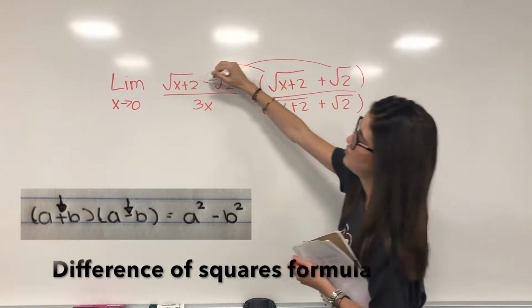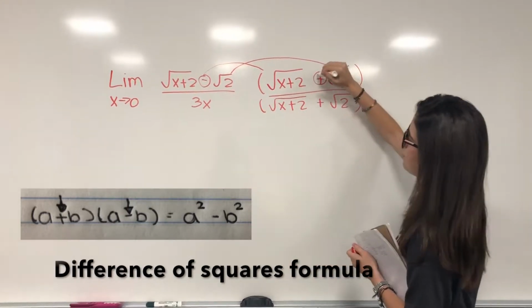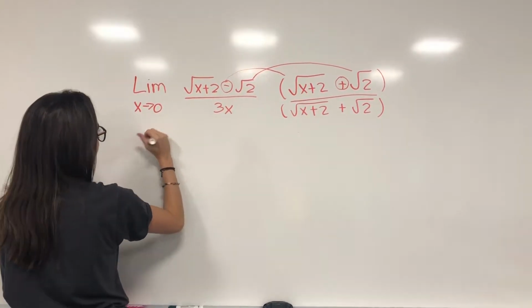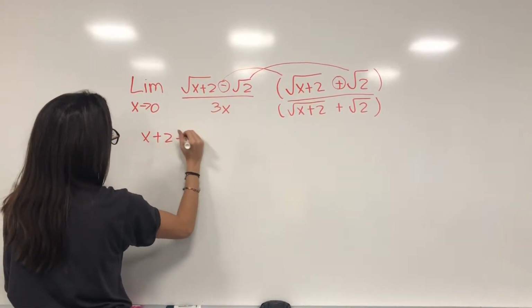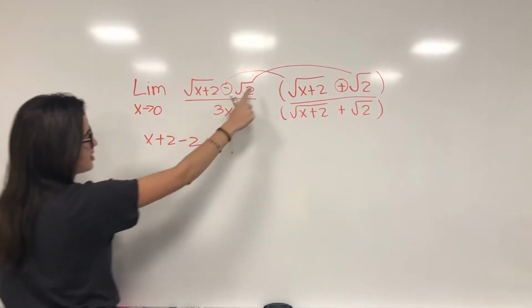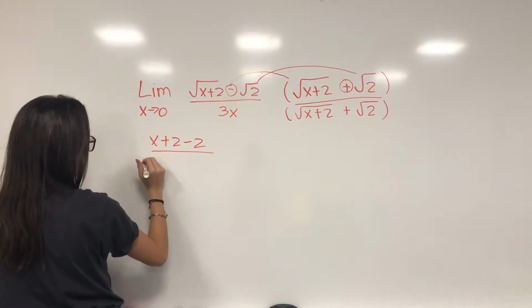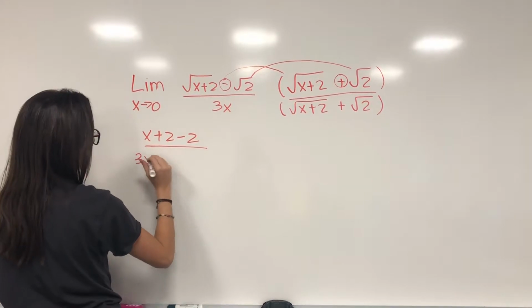We change the sign, and that leaves us with x plus 2 minus 2, because the squares are gone, divided by 3x.